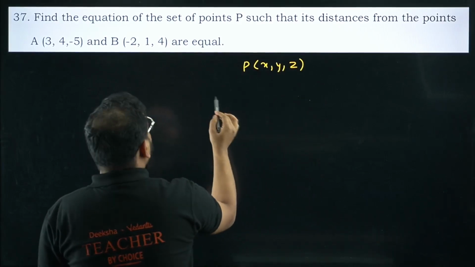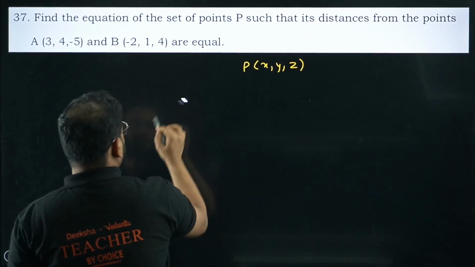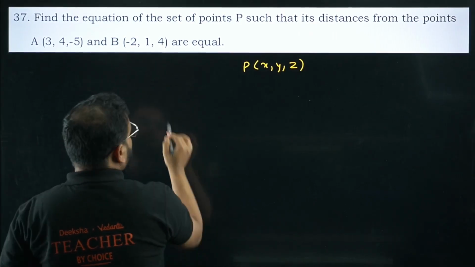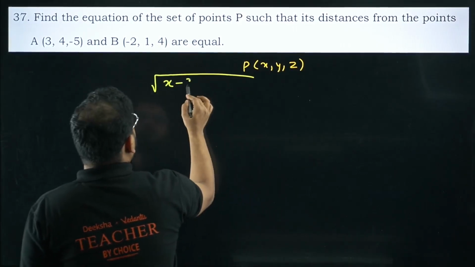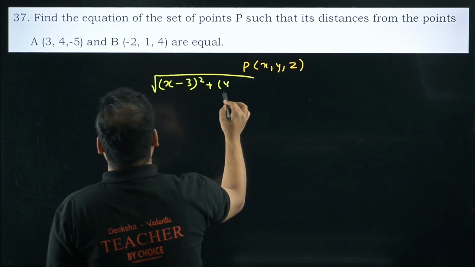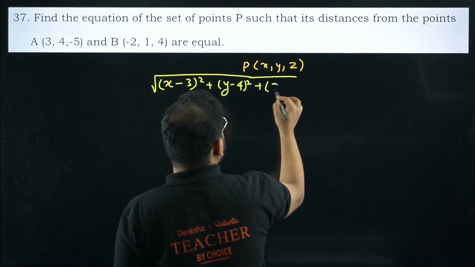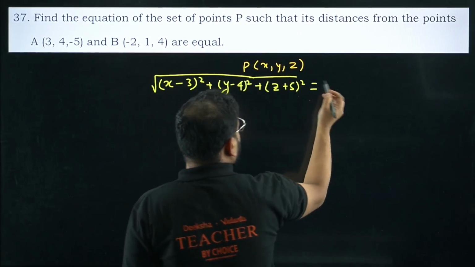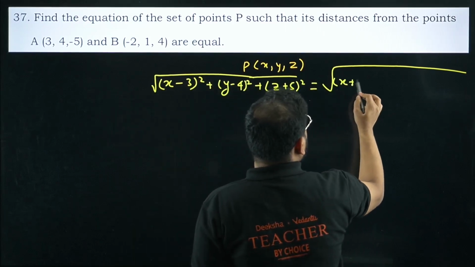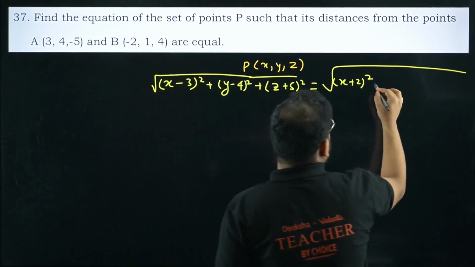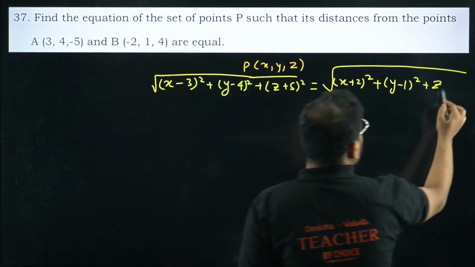Distance equal means we can say the root of this value: root of (x minus 3) the whole square plus (y minus 4) the whole square plus (z plus 5) the whole square equals the other root, for the other point: (x plus 2) the whole square, (y minus 1) the whole square, plus (z minus 4) the whole square.